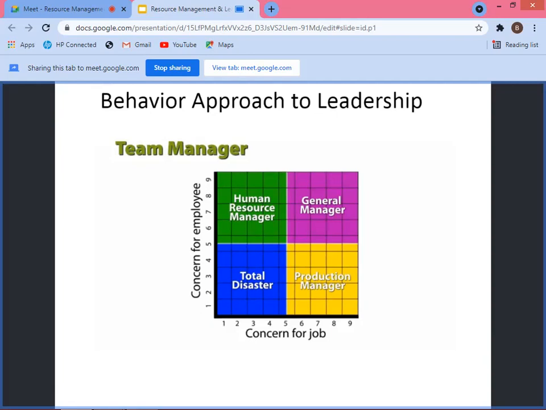Me personally, my opinion, I like theory X and theory Y. But the continuum and this managerial grid are also good. It's just my opinion. I like theory X and theory Y more because from the training manager perspective, I would like to train and develop. And by looking at theory X and theory Y, there are more weaknesses in theory X, then I know what to do. Train and develop those guys. Okay?